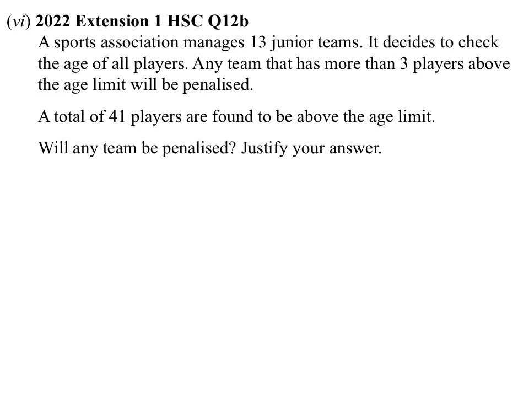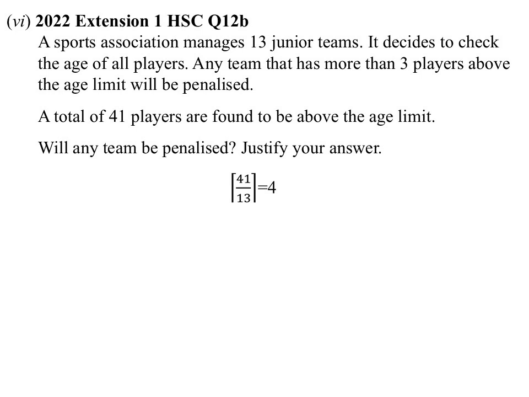The Sports Association manages 13 teams. It decides to check the age of all players. Any team that's got 3 players above the age limit is going to be penalised. They've done their survey. They found 41 players above the age limit. And the question simply was, is any team going to get penalised? I'll use the ceiling function idea. 41 players into 13 teams.